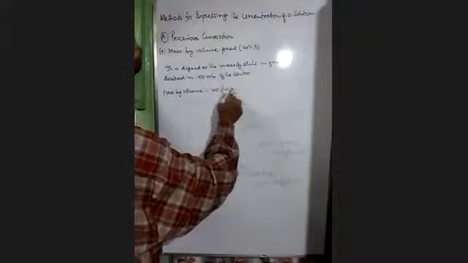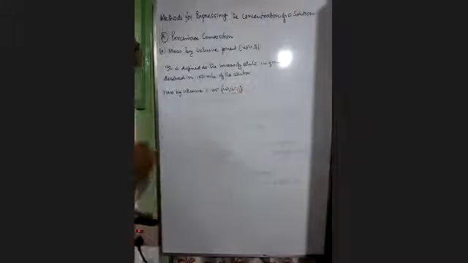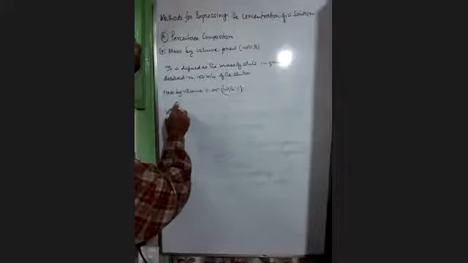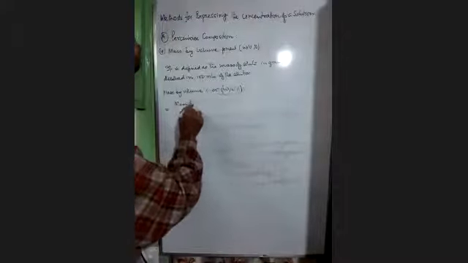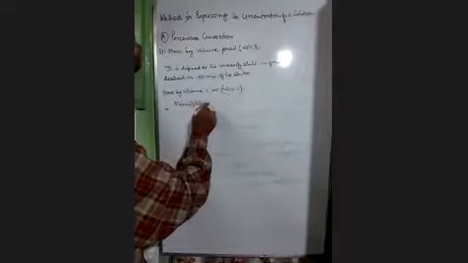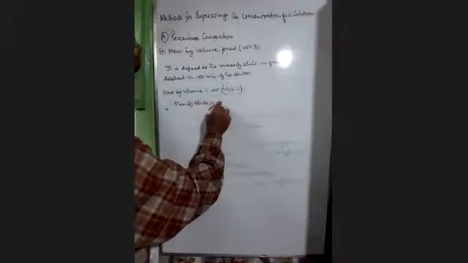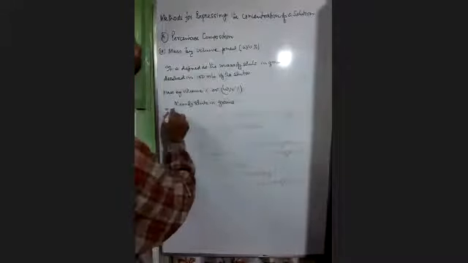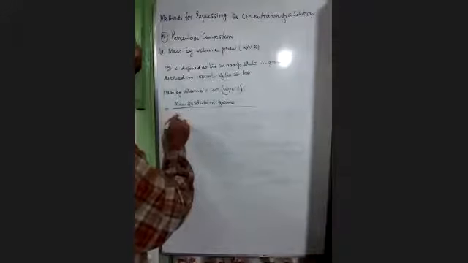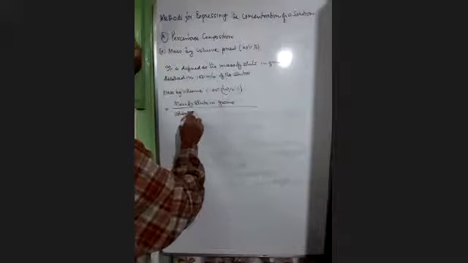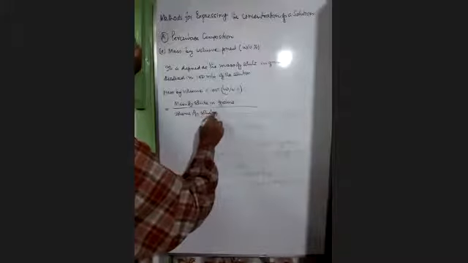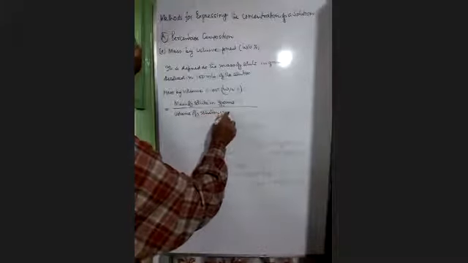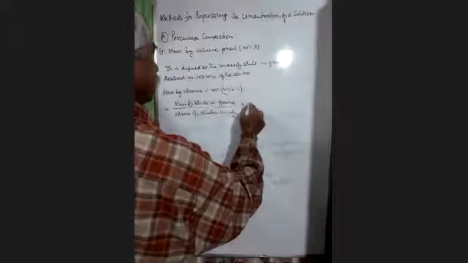W by V. Okay, so it is equal to the mass of solute in grams divided by the volume of solution in ml into 100.